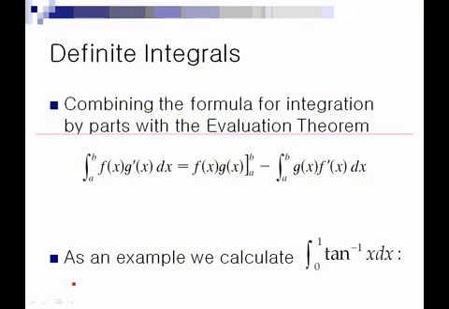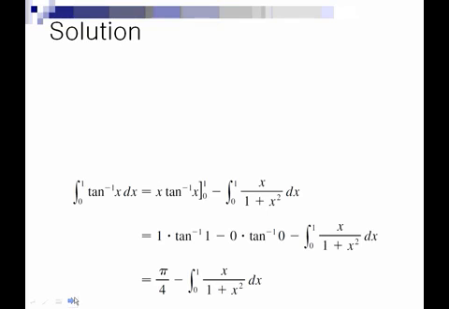So, of course, if you want to do it for a definite integral, then you just have to make a definite integral. So, the uv, or in this case fg, you then have to evaluate between a and b and take your difference. So that's the only complication to that. So let's look at this integral from 0 to 1 of the arctangent of x.